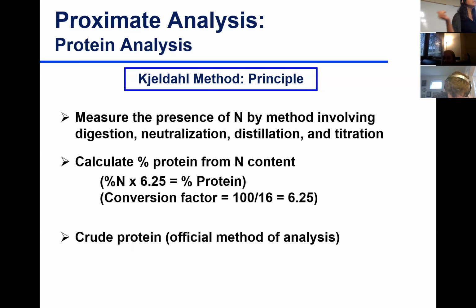Why is that? Every amino acid in a protein has an amine group and a carboxyl group. But some amino acids have extra nitrogen in their chain. Can you tell me which category of amino acids may have additional nitrogen in their R chain?